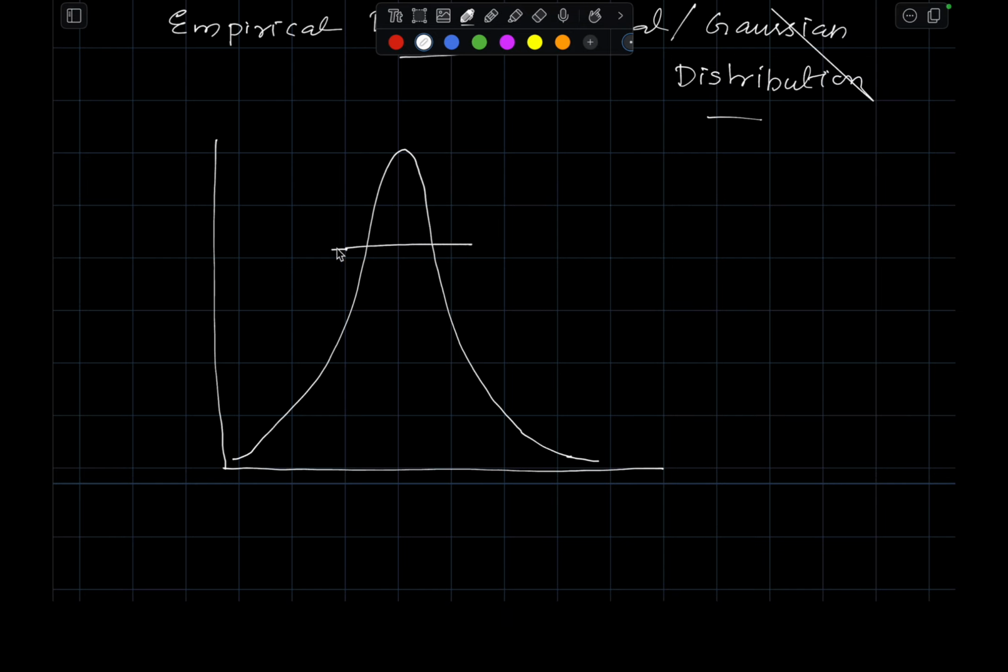Let's say this is the 68.27%, this is mu, this is sigma, this is sigma again. So 68.27% comes in the window mu plus or minus sigma.